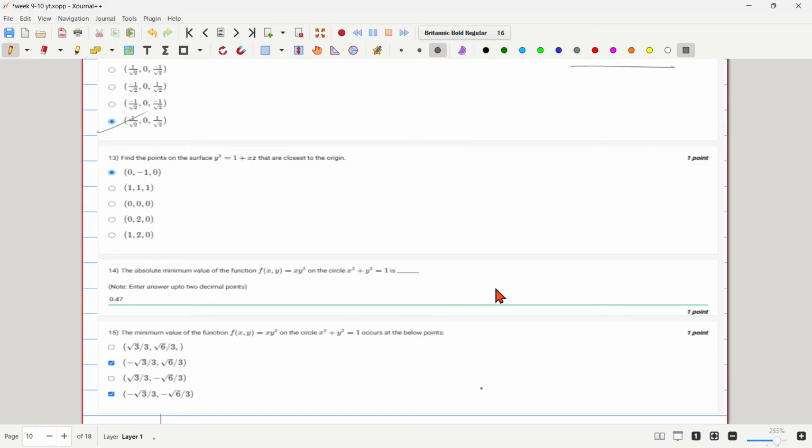Now 13th question, find the points on the surface y square is equal to 1 plus xz that are closest to the origin. See, origin is 0, 0, 0. Let's take a random point x, y, z. You need to find the distance of this point to the origin.